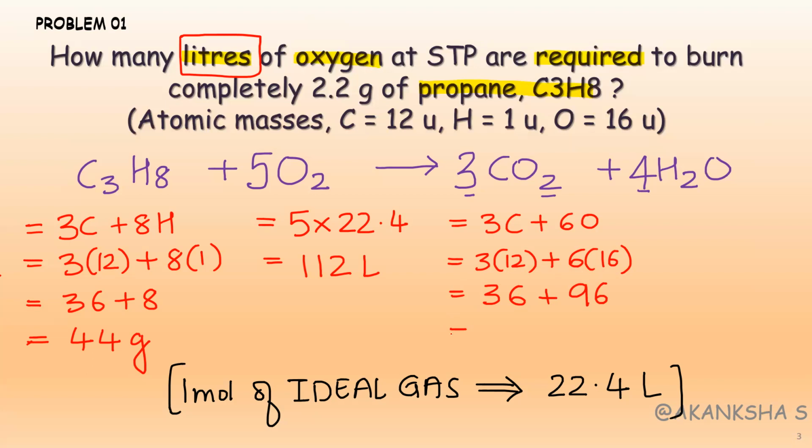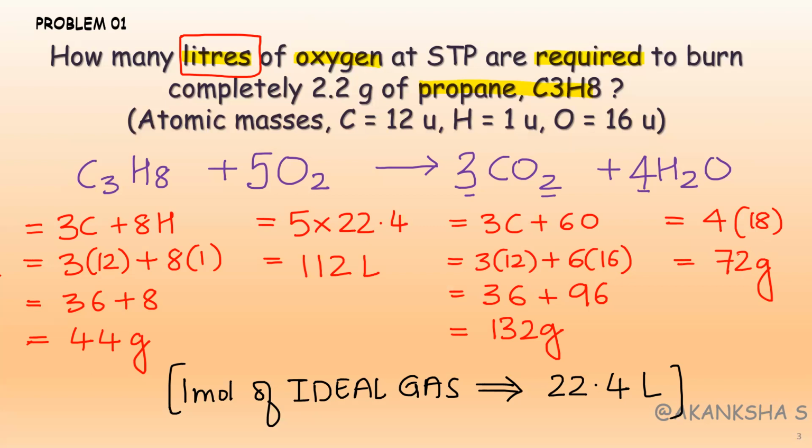So the total of CO2 comes out to be 132. Let's see H2O. H2O is 18, and 4 times 18 is 72 grams. So with this we have found the molecular weights and the volume occupied by O2.